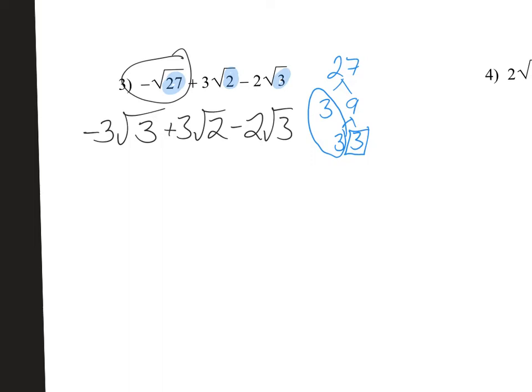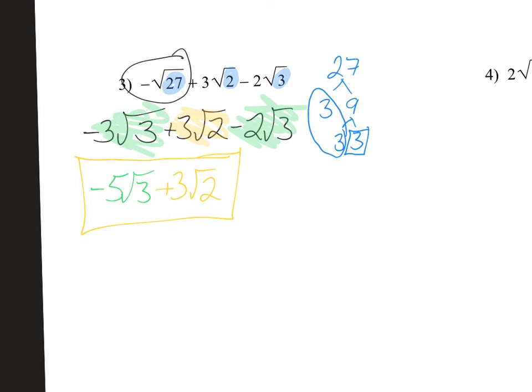Well, to me it looks like I could put together this part and this part. So let's go ahead and try that out. So -3 minus 2, that is -5 radical 3. And then I'm still left over with this part that's in the middle. So I'm going to put plus 3 radical 2. So that is my final answer.